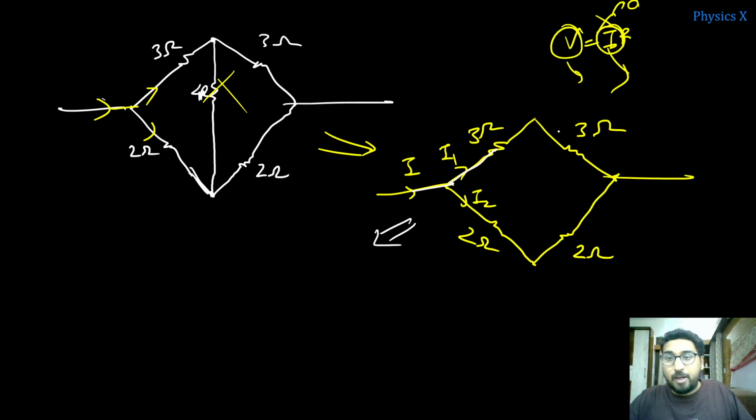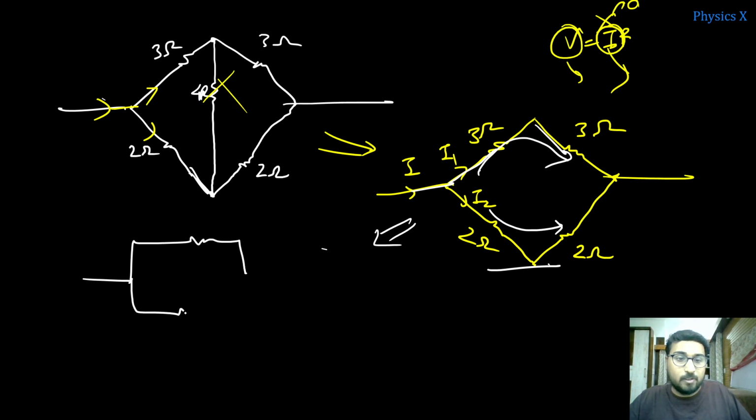These 3 ohm and these 3 ohm are in series, right? And these 2 ohm and 2 ohm are in series. So this part is now 3 plus 3, 6 ohm, and this one becomes 4 ohm.